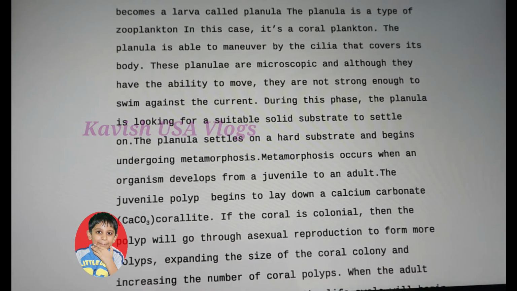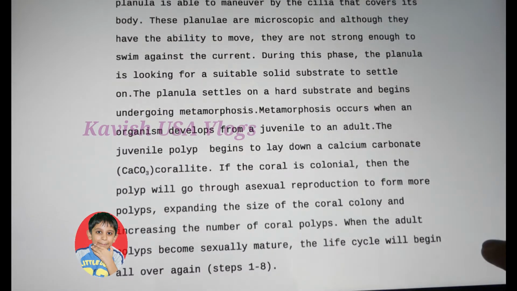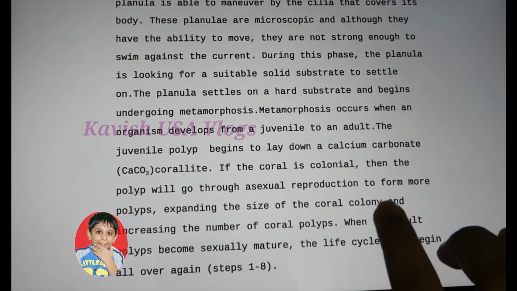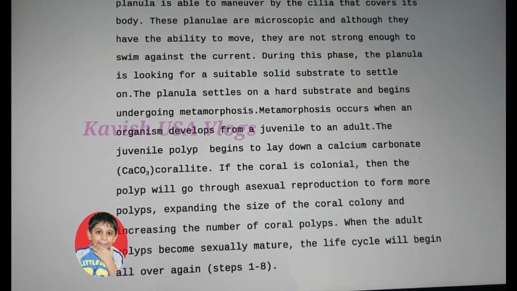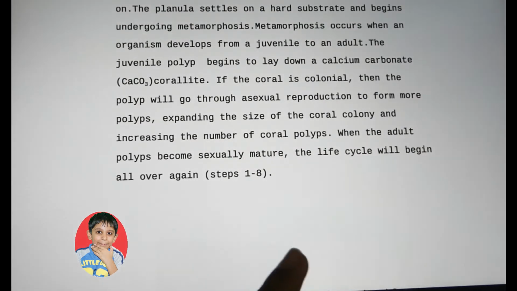If the coral is colonial or something, then the polyp will go through asexual, I think that's how it's pronounced, reproduction to form more polyps, expanding the size of the coral colony and increasing the number of coral polyps. Then the adult polyps will become sexually mature. The life cycle will begin all over, steps 1 to 8.